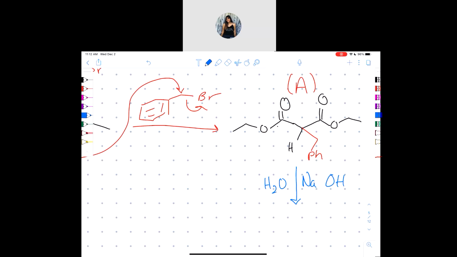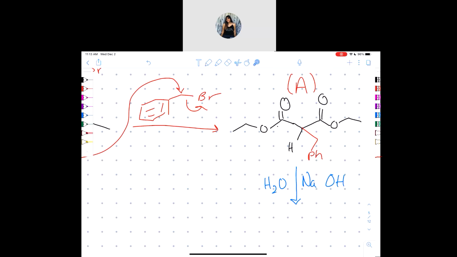We underwent a hydrolysis, more specifically a nucleophilic acyl substitution, or I should say more generally, we had a nucleophilic acyl substitution, and we substituted the ester. In this case, we have two esters.